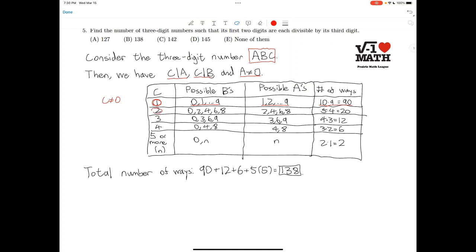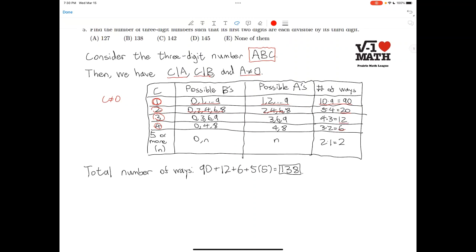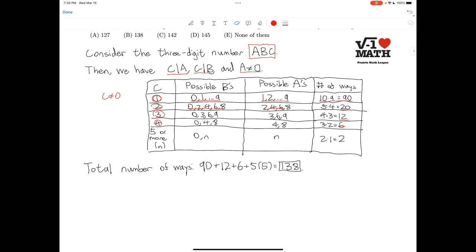And we can continue this for C equals 2, 3, and 4, and we get 20, 12, and 6 respectively. Finally, if C is greater than or equal to 5 and less than or equal to 9, then there is no other multiple of C other than 0 and C itself.